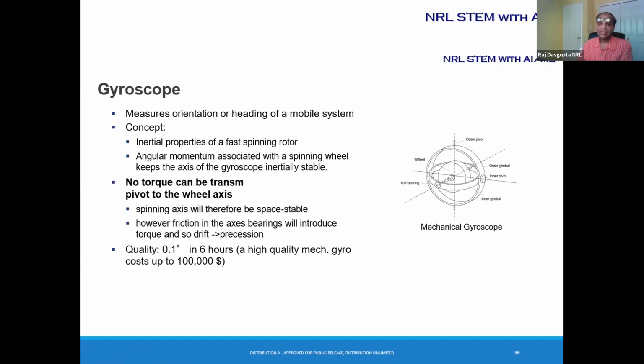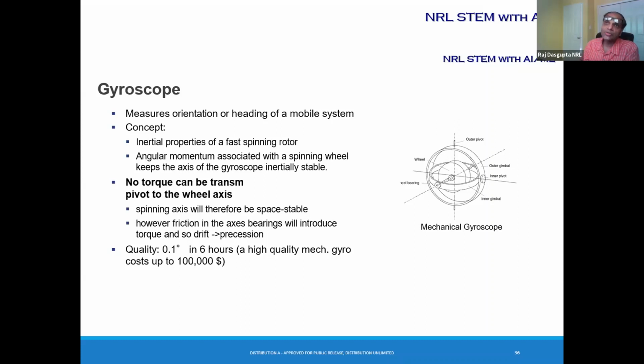The idea of having the gimbals around it is that you decouple the force that the central part has from the outside. That allows you to keep the central part fixed and calculate the angle at which it is facing right now. So it allows you to find out the heading of the sensor, the angle at which it is facing.